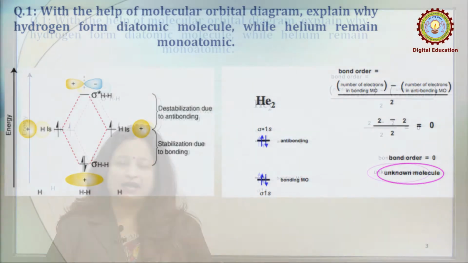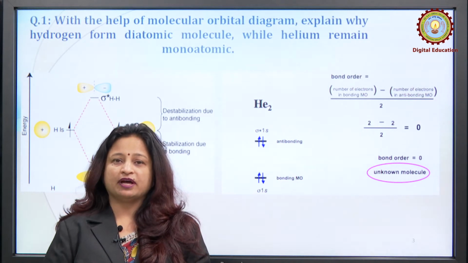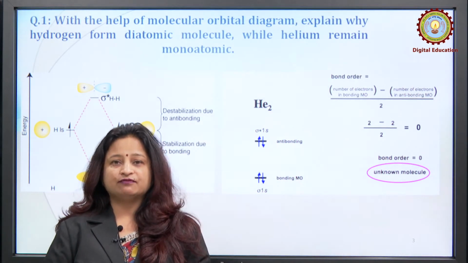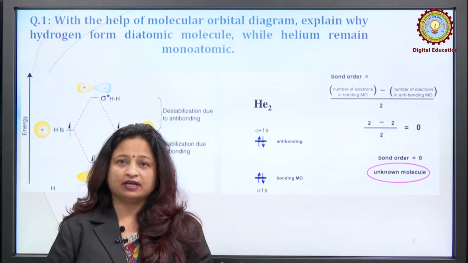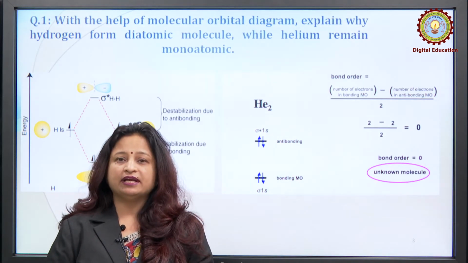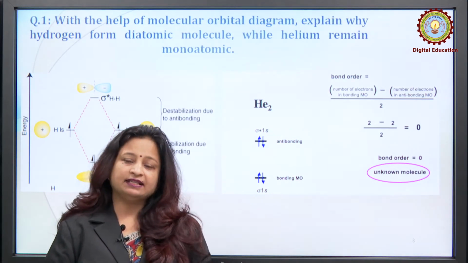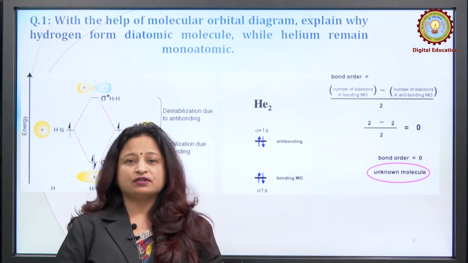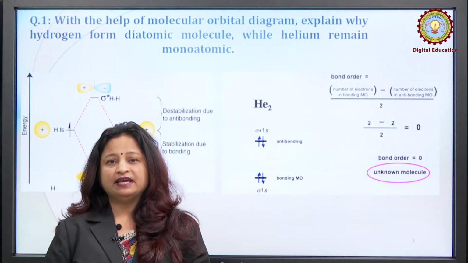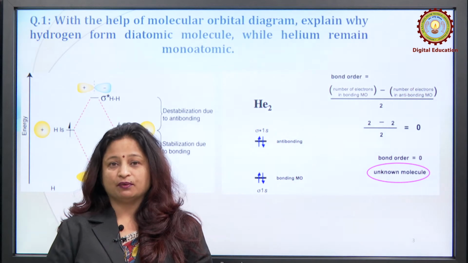So, here I am very sure that you are aware of the fact that we have to calculate the bond order in this particular case. When we calculate the bond order, we understand that in case of hydrogen, the bond order is 1, while in case of helium, it comes out to be 0.